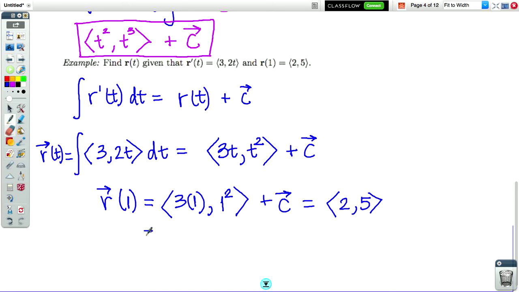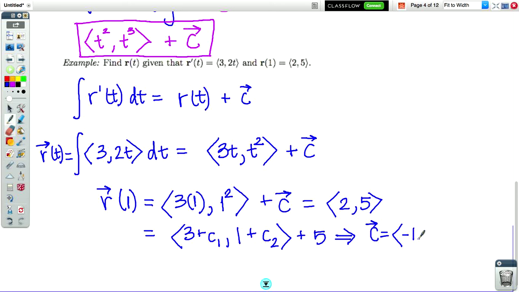So that tells me that 3 plus the first component of my constant vector has to equal 2, and then 1 plus the second component of my constant vector has to equal 5. So I can tell that my constant vector has to be -1, 4.